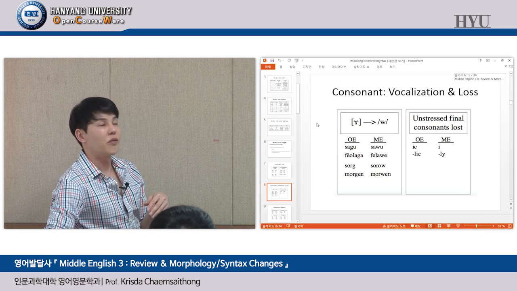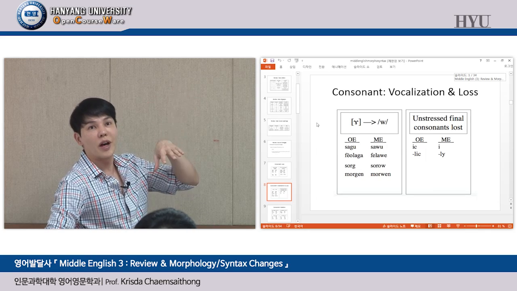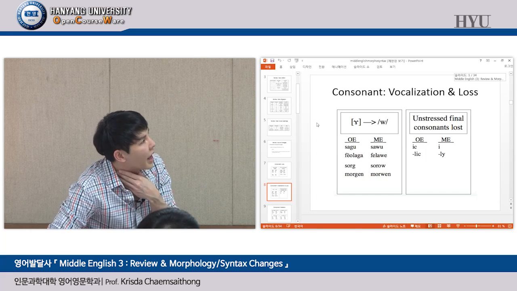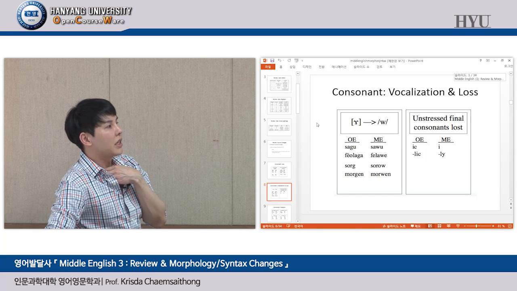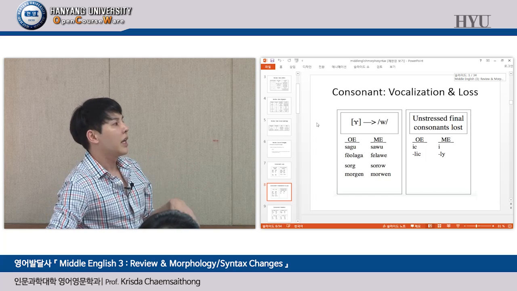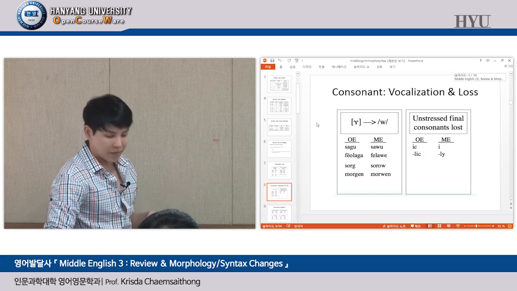So this is what we call vocalization, the process whereby a consonant became a vowel or semi-vowel, like W is a semi-vowel. And then unstressed final consonants were lost, as in ic to just I, and then lic to li. So that's the adverb ending, right?